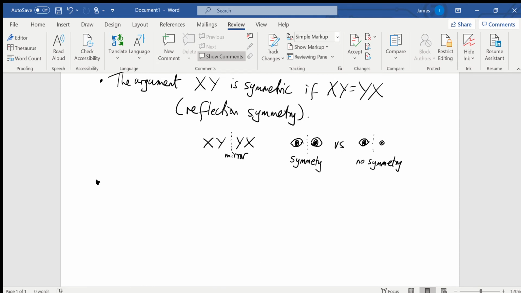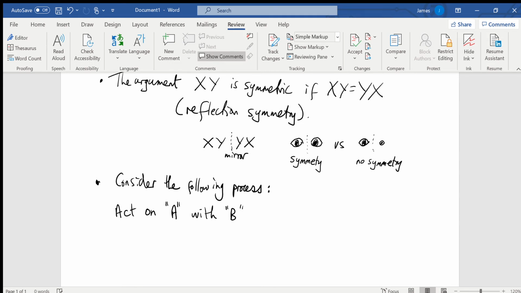So we've made an initial statement. Consider the following process. Let's act on A, where A is just an object, with another object B. So let's say we act, and act is deliberately vague, on some object A with something that we will call B. And let's say on this occasion it gives the outcome 7, the numerical value 7.